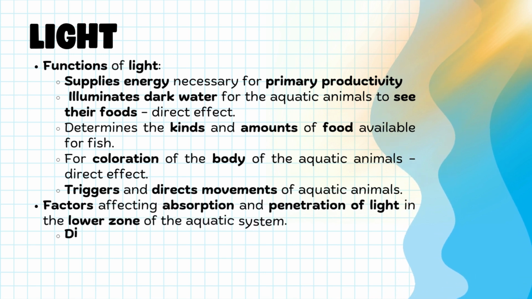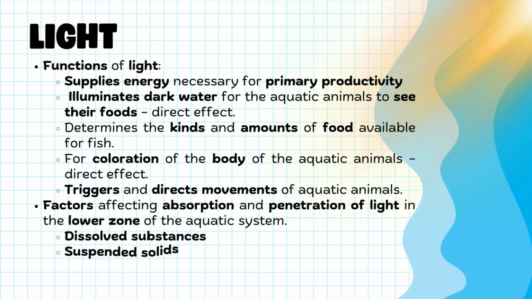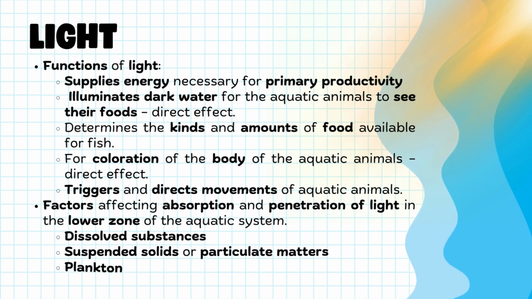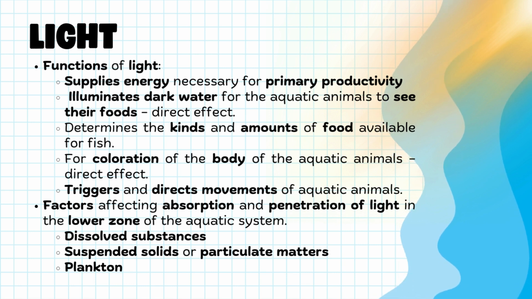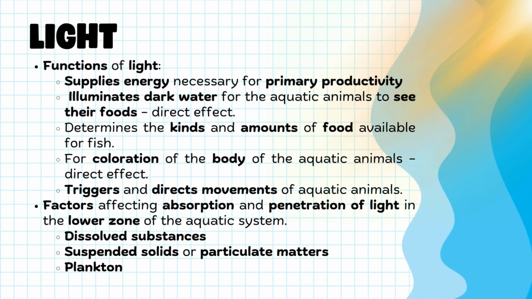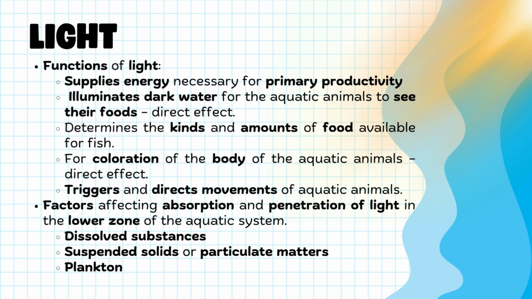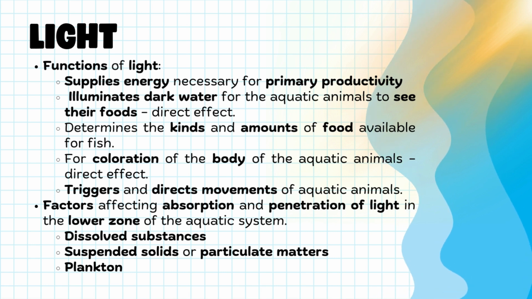Another one is food availability. It determines the type and amounts of food available for fish. Another function is body coloration. It influences the pigmentation of aquatic animals. It also functions in the activity of some organisms. It directs and triggers the movement of aquatic species.